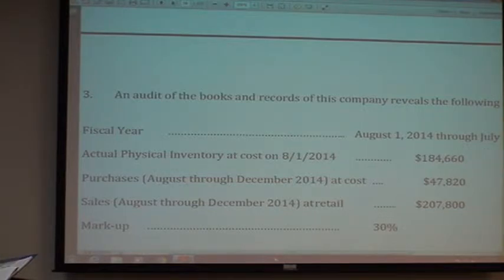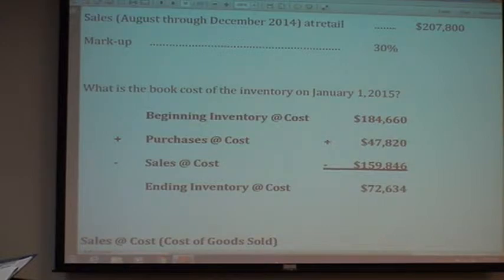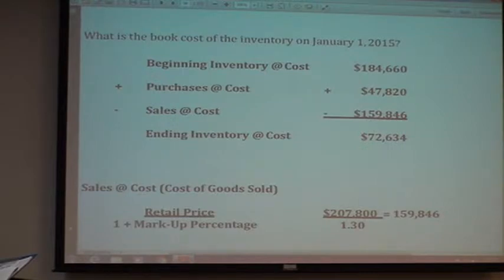Here we go. Beginning inventory cost, it told us, was $184,660. It told us our purchases at cost were $47,820. And what we had to do is convert those sales to cost.